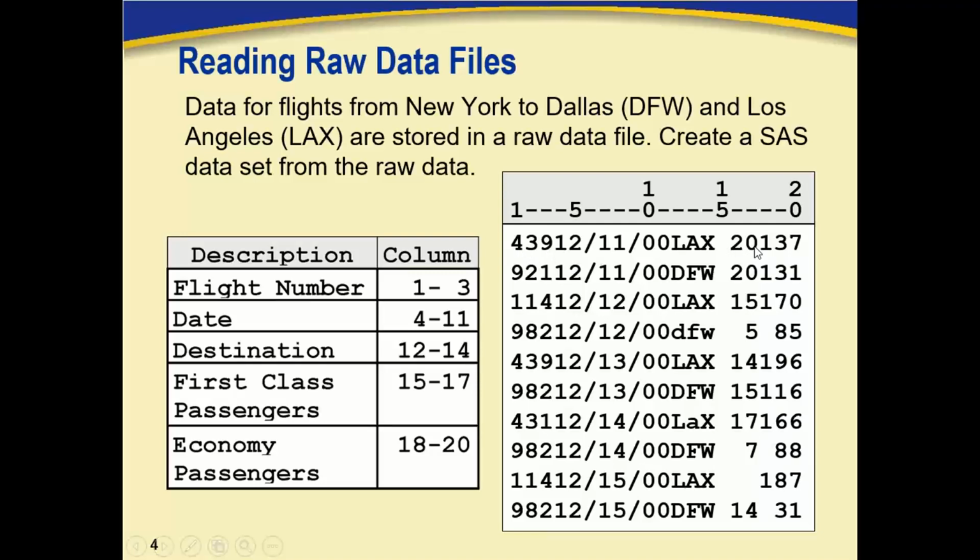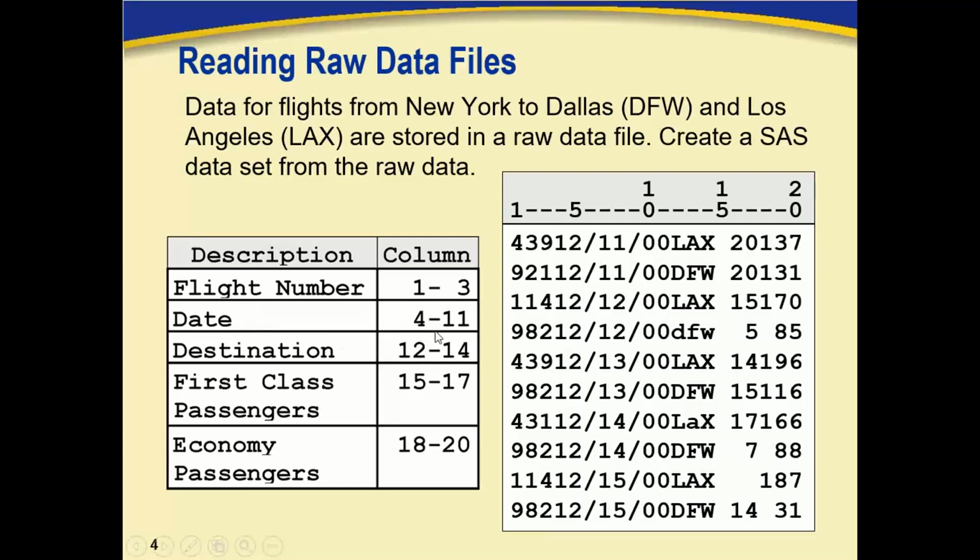So this is some kind of data. How can you identify what kind of information is related to this? They have provided this kind of information. Here the flight number is in positions 1 to 3 in this file, which means the first 3 digits represent the flight number.